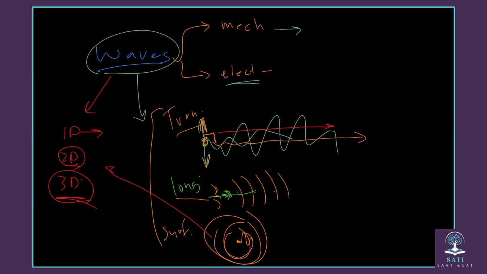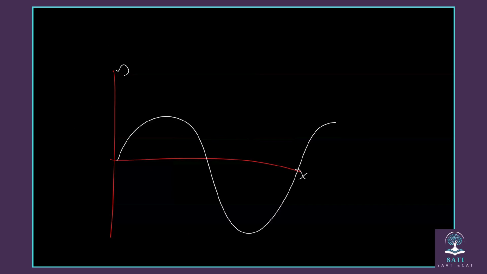In general, when we draw a wave, this is y and this is the x-axis. So the wave goes this way. The distance between this point and this point, we call it what? One wavelength. And the distance from here to here, we call it what? Amplitude.